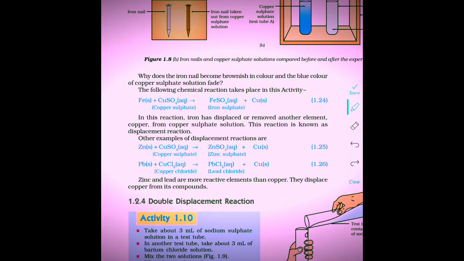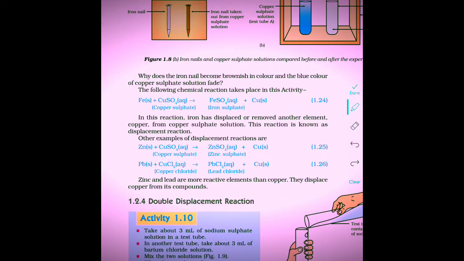So, if we try to understand the mechanism here, the bond between Cu and SO4 is breaking, and Fe, being positively charged, is getting attached to SO4 minus 2 by removing the Cu plus 2 atom.